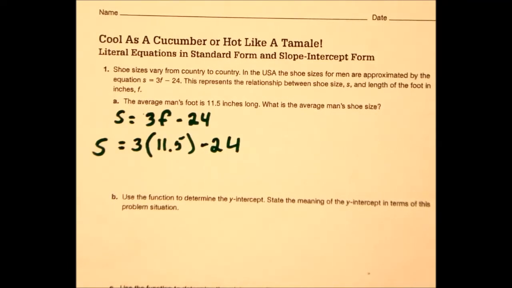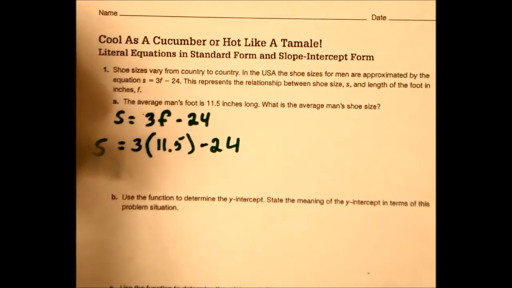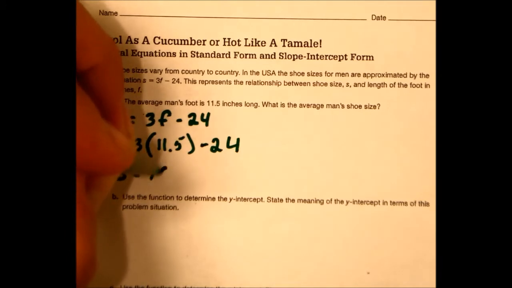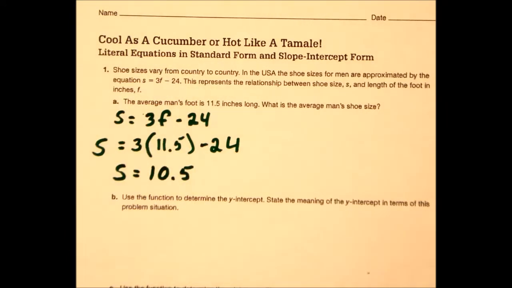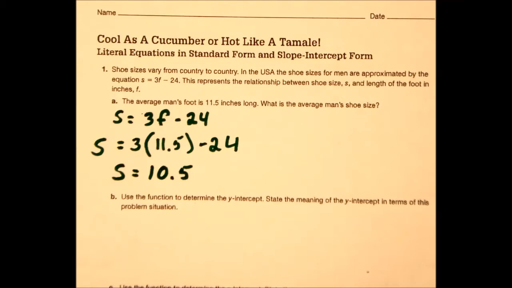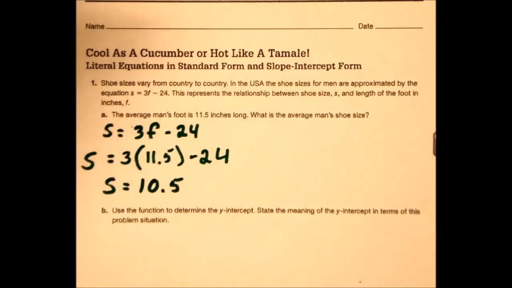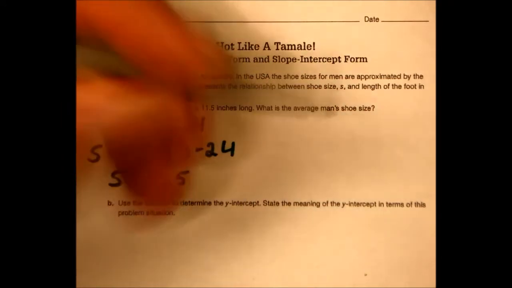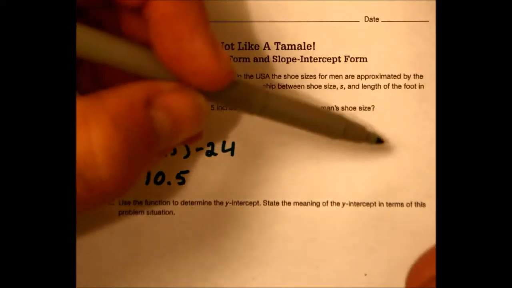We do 11.5 times 3 minus 24, and we get a shoe size of, correct, 10.5. Hopefully you've already done it and you're checking it right along with me. So we'd have to write out the answer to the question: the average man's shoe size is 10.5.